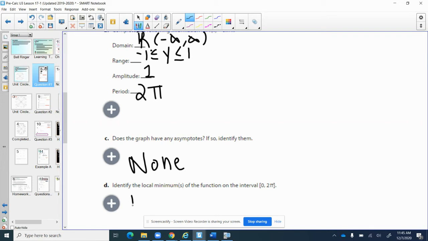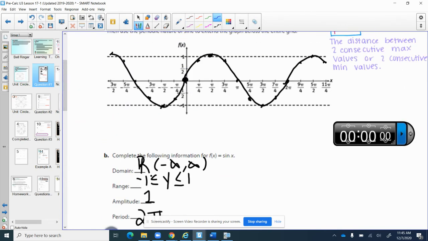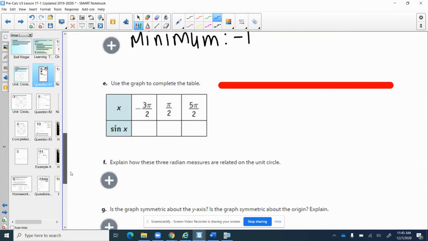And we have a minimum value in our graph from 0 to 2 pi occurring at -1 as the y value. So from 0 to 2 pi, that would be from here to here, and that happened at x equals 3 pi over 2. That's where our minimum value was occurring over that interval.